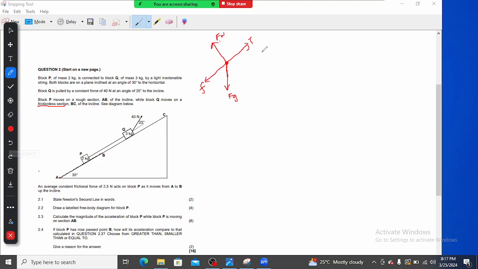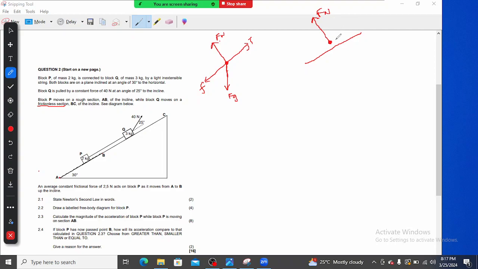And also here, I would like to draw the incline to represent it so that I can have my free body diagram correctly. If I represent the incline, I will have the normal force that will be perpendicular to the surface. So that will be your normal force.